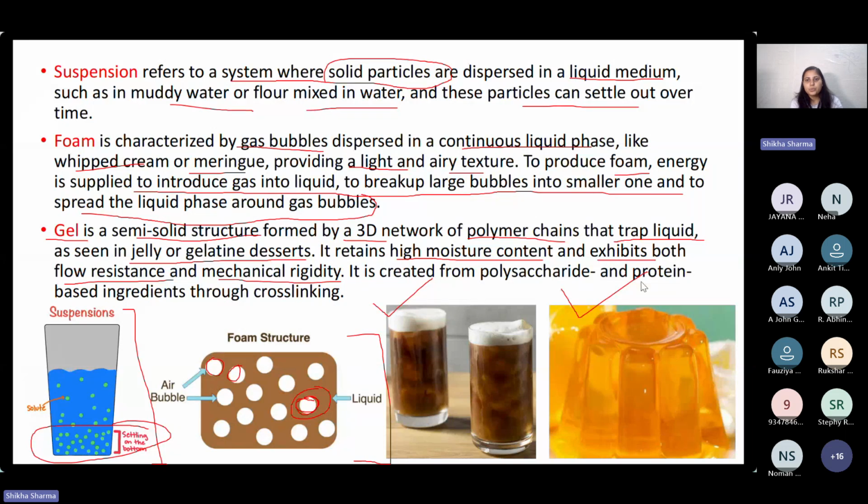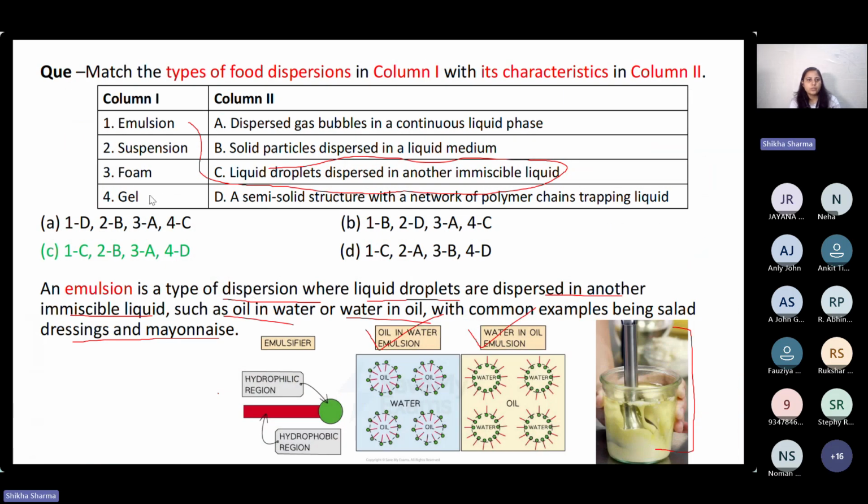It is created from protein and polysaccharide based ingredients through cross-linking. So gels are semi-solid structures, foams are dispersed gas bubbles in liquid, and suspensions are solid particles in a liquid medium. So C is the correct answer here.